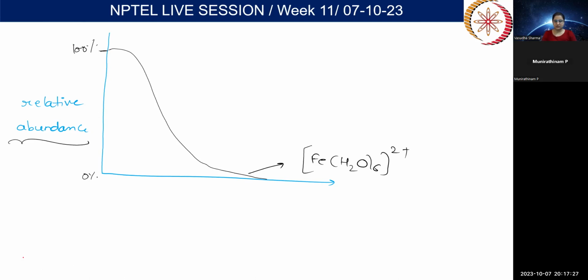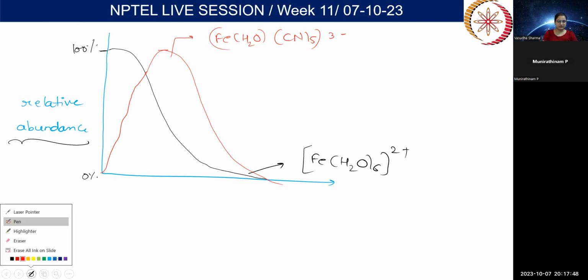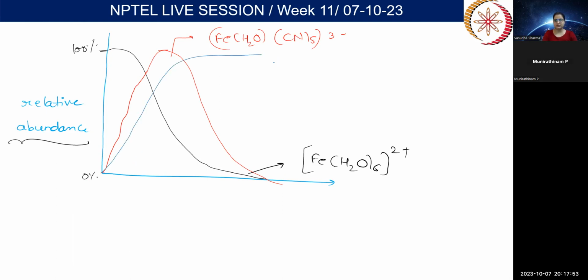The second one is the intermediate, which goes from 0 to the maximum and then comes back to 0. And the third one goes from 0 to the maximum, which is the final state, and this one is your [Fe(CN)6]4-. So this is the relative abundance whenever ligand exchange happens.